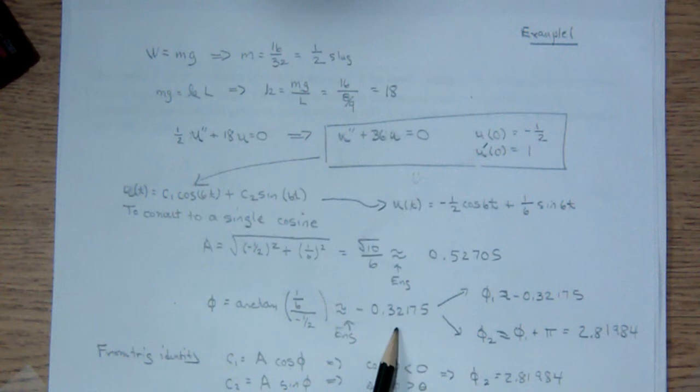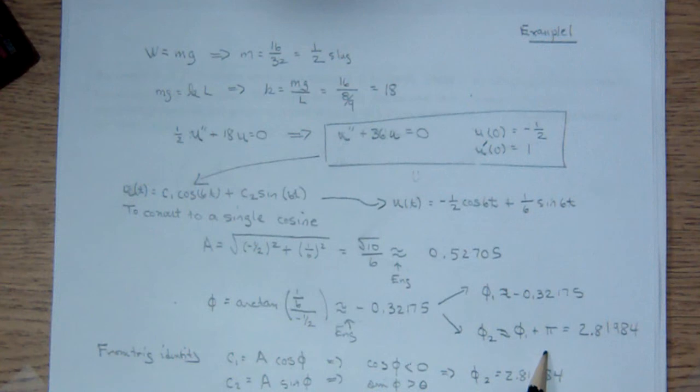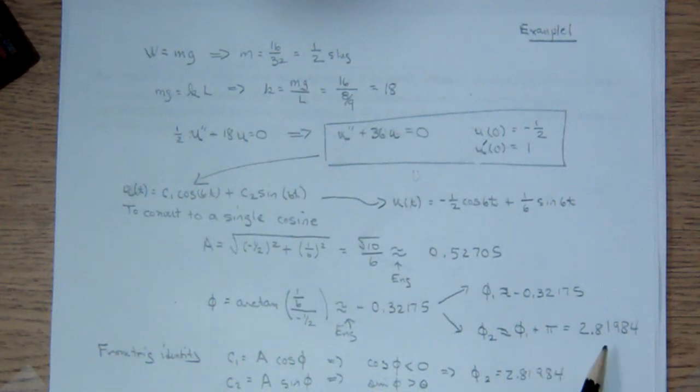But we have to be careful about this because the range of the arctangent goes from minus pi over 2 to pi over 2, but we have to figure out in what quadrant this really is. It could be exactly this number, or it could be that number plus pi, being in a different quadrant. Here I'm taking pi to be 3.14 and change, and I get that. So we have to figure out which one of those two it is.